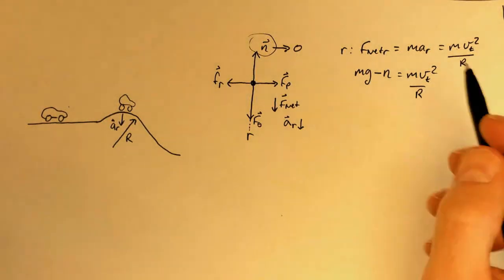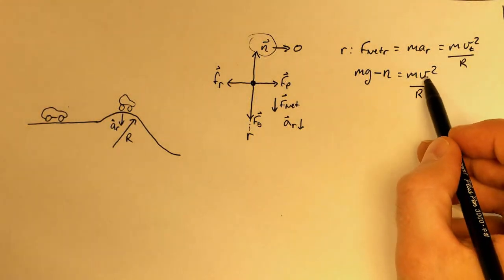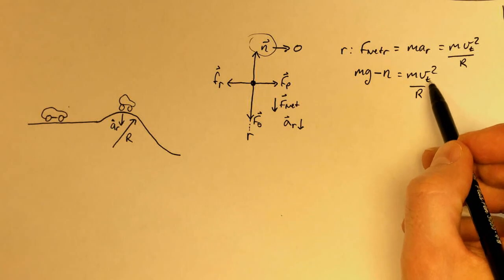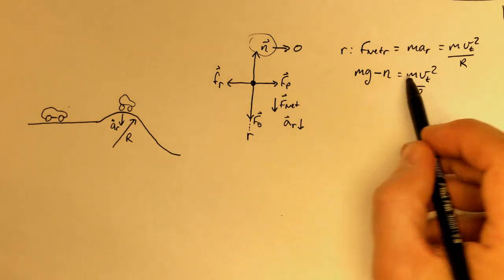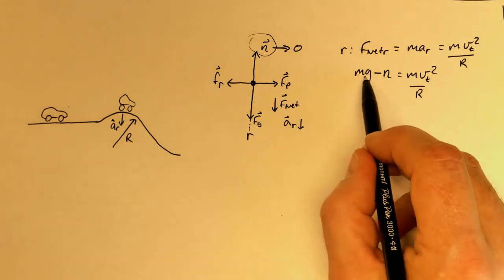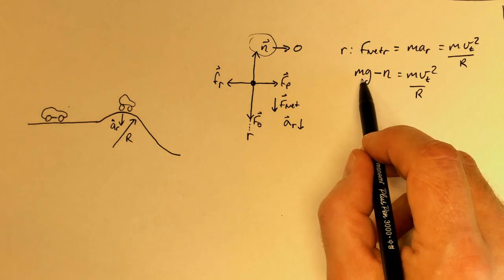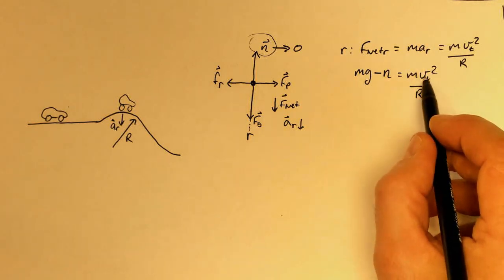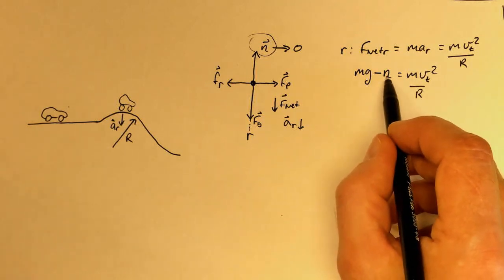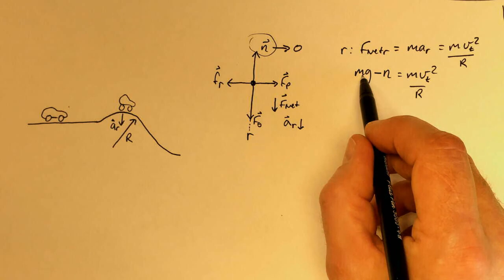Okay, so if I'm going super slow, like really slow, then this term gets closer and closer to zero, and I see that my normal force is pretty much equal to my gravitational force. But if I start going faster and faster and faster, okay, then the only thing that can change here is the normal force. The gravitational force is a product of g and m.